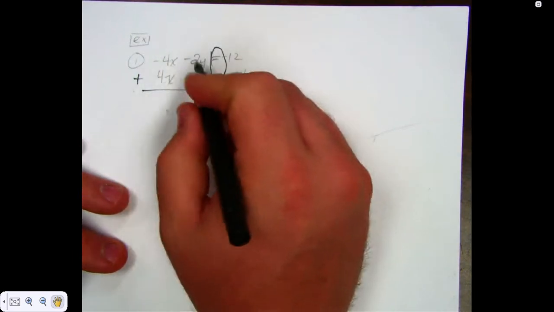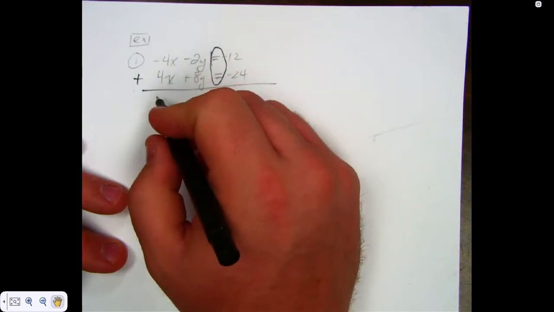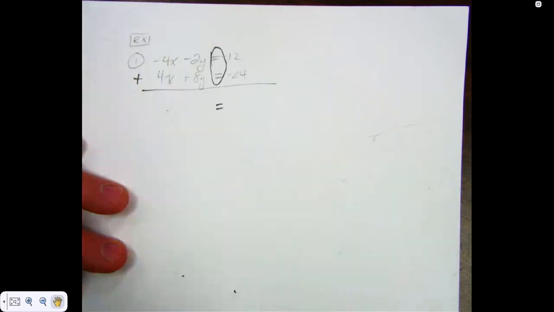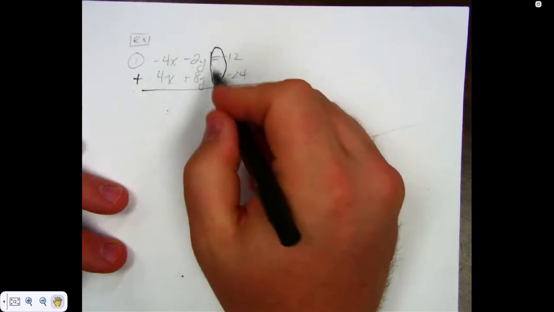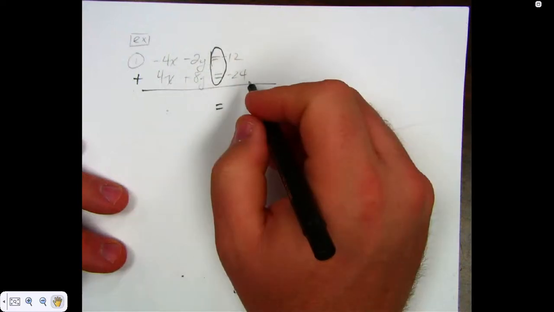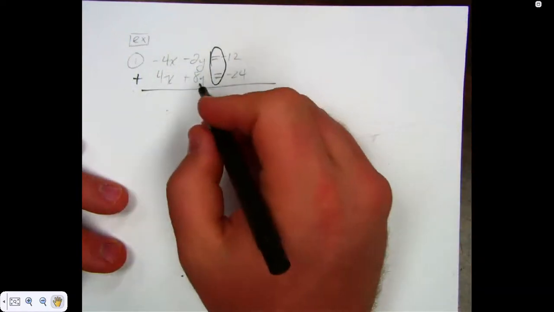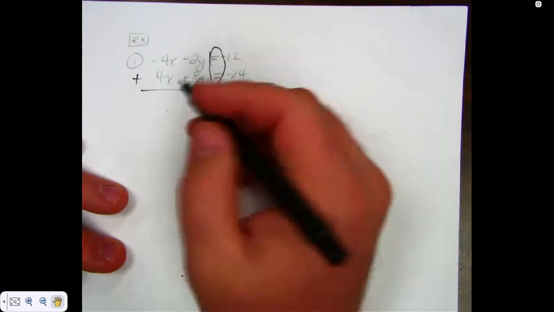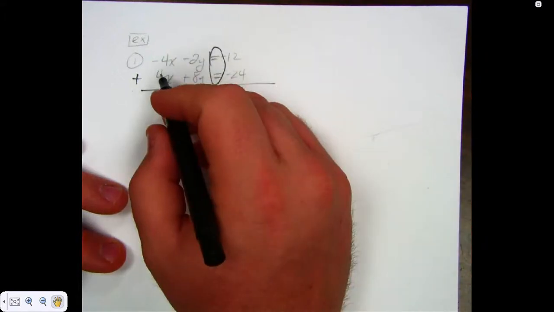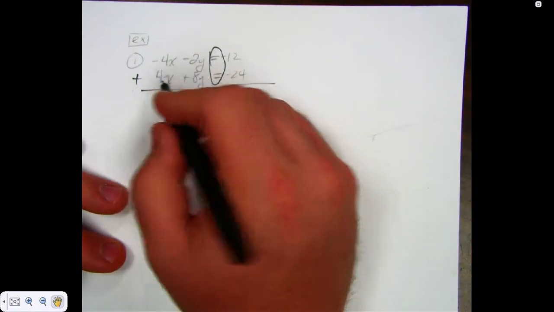I've got them lined up where like terms are right underneath each other. You can rewrite your equations that way if you'd like. You just have to make sure whatever's on the left side stays on the left side, and whatever's on the right side stays on the right side. You can't move something from one side to the other without subtracting from both sides or something to that effect.